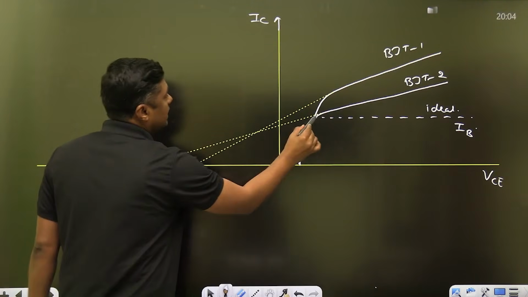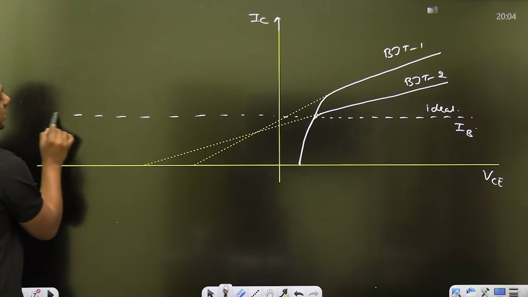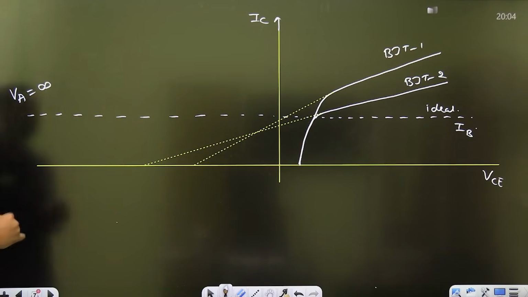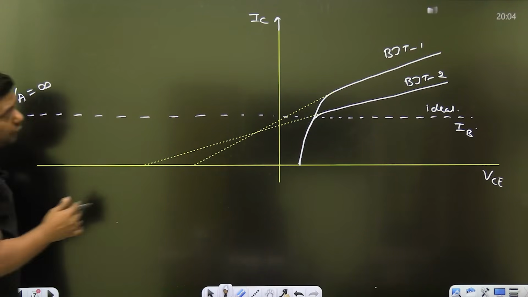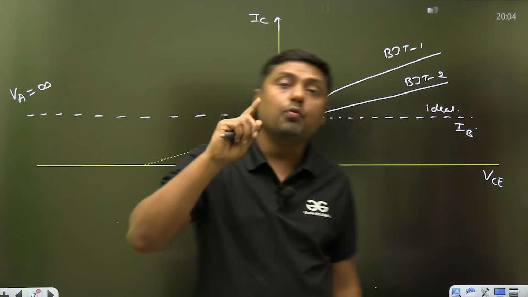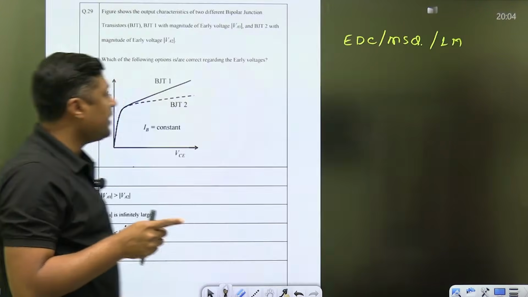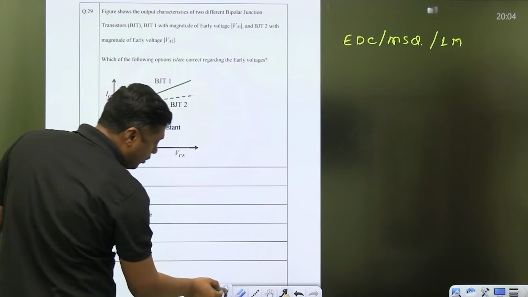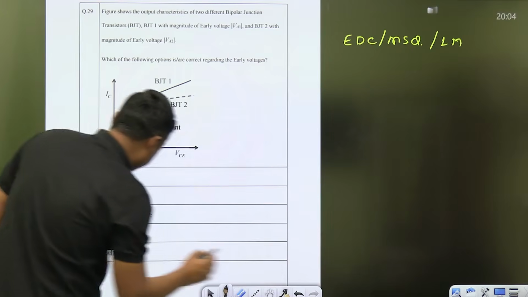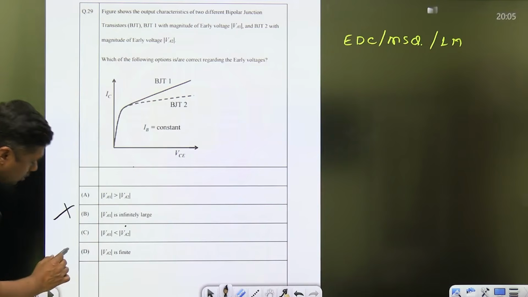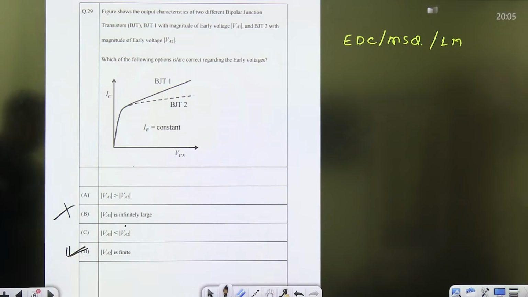In the ideal condition the lines will meet at infinity, so the early voltage under ideal condition is infinite. But for BJT1 and BJT2 the early voltage will be a finite value. If it is given that VA is infinitely large, that is the wrong answer. VA1 infinitely large is wrong. Both are finite, and that's why answer D is correct.